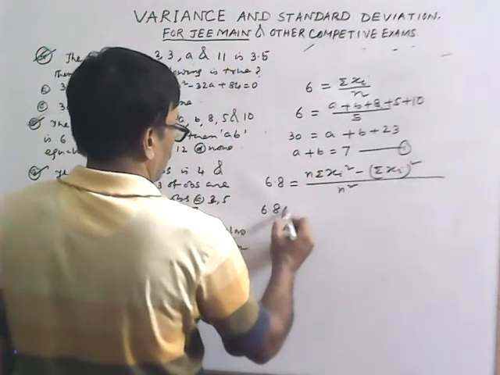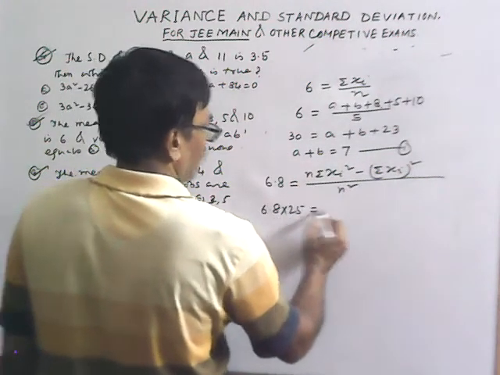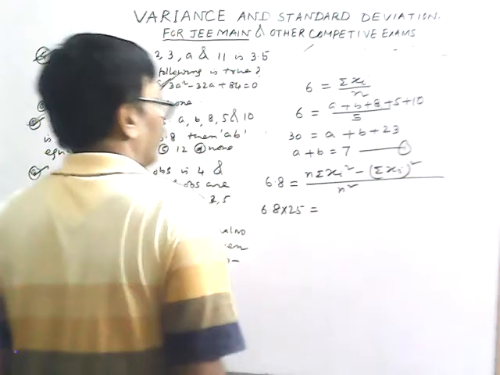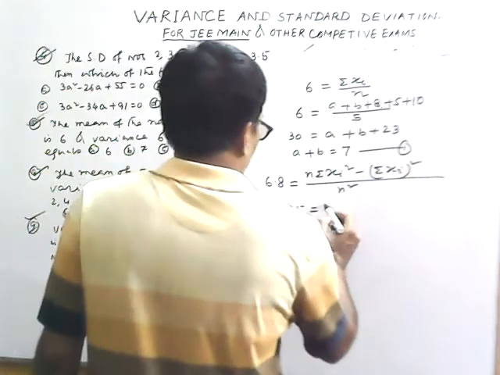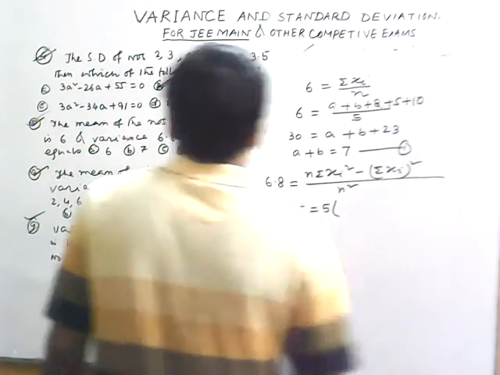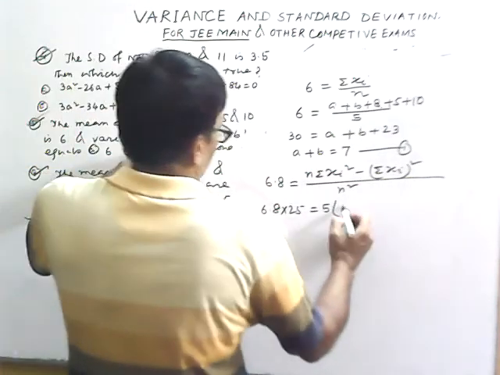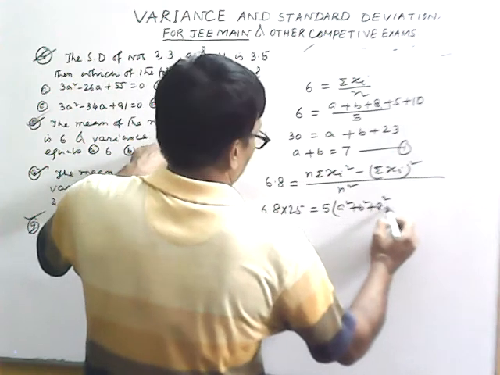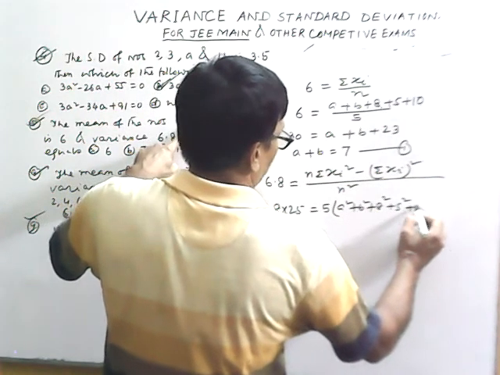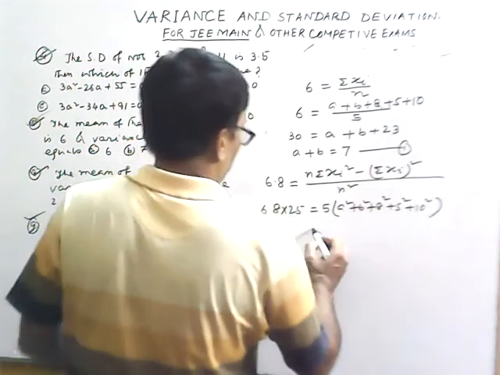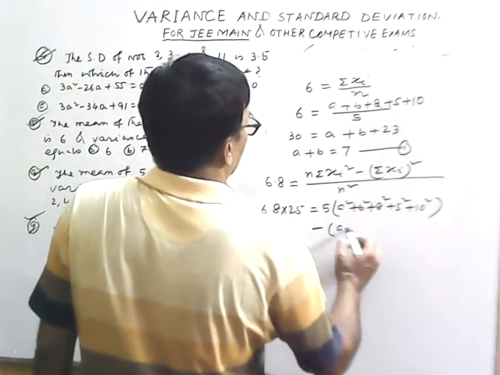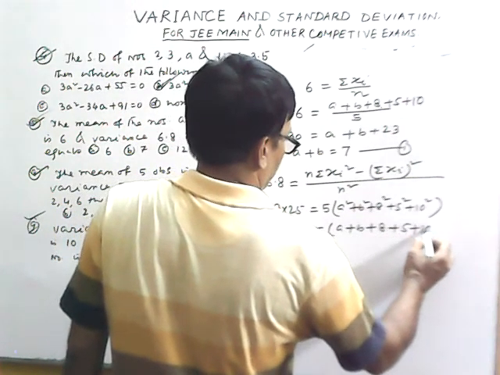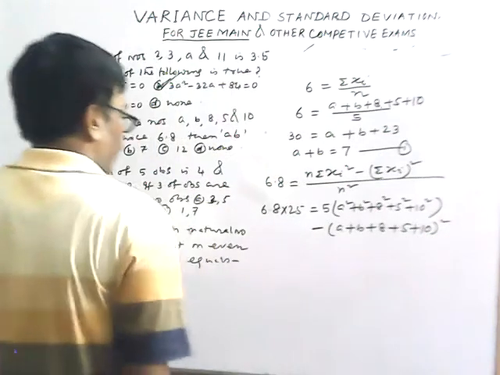So 6.8 into 25 equals 5 into a square plus b square plus 8 square plus 5 square plus 10 square, minus a plus b plus 8 plus 5 plus 10 whole square.